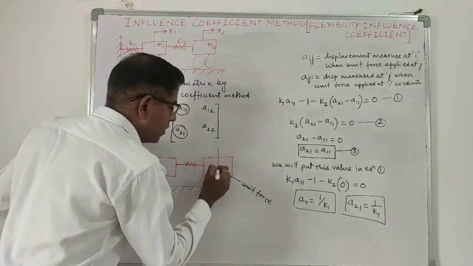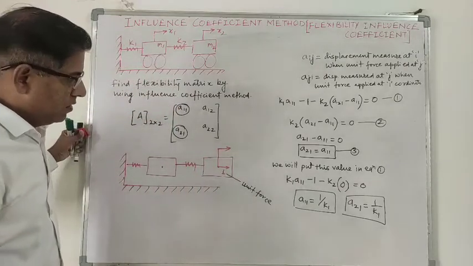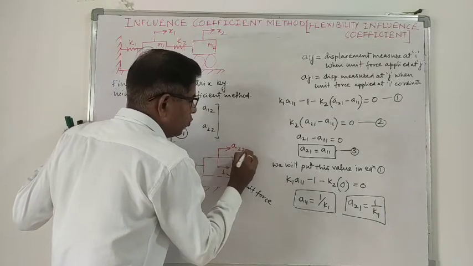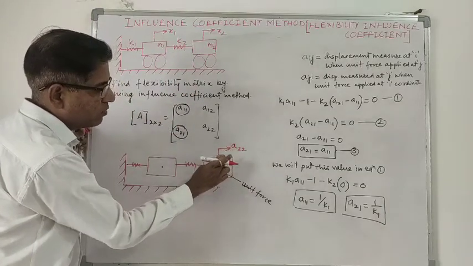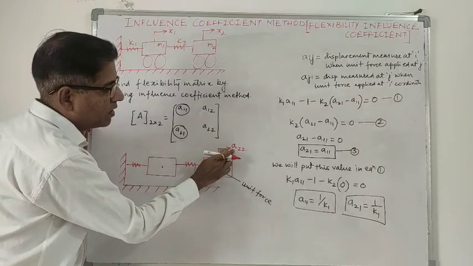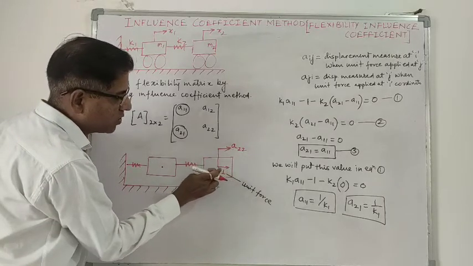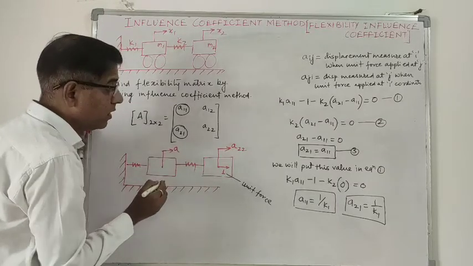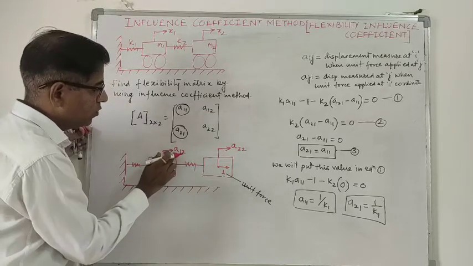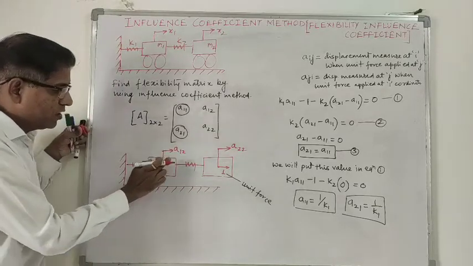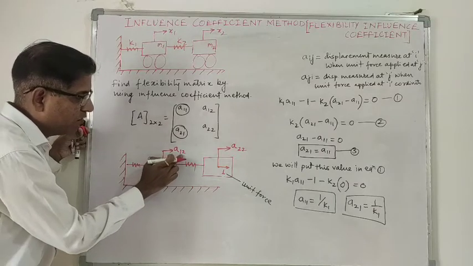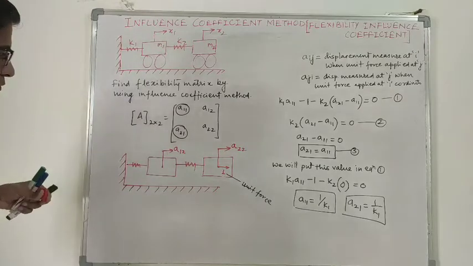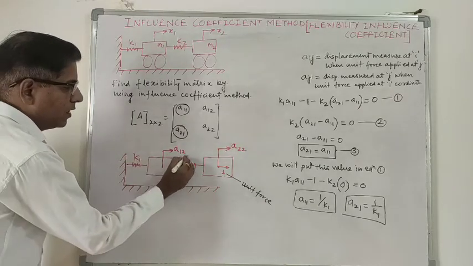Now the displacement that occurs here will be A22, because we are measuring the displacement at 2 and we are applying the unit force at 2. So this is A22 and this becomes A12. Okay, so we are measuring the displacement at first member, but we are applying the unit force at second member. So this becomes A12 and this is K1 and this is K2.